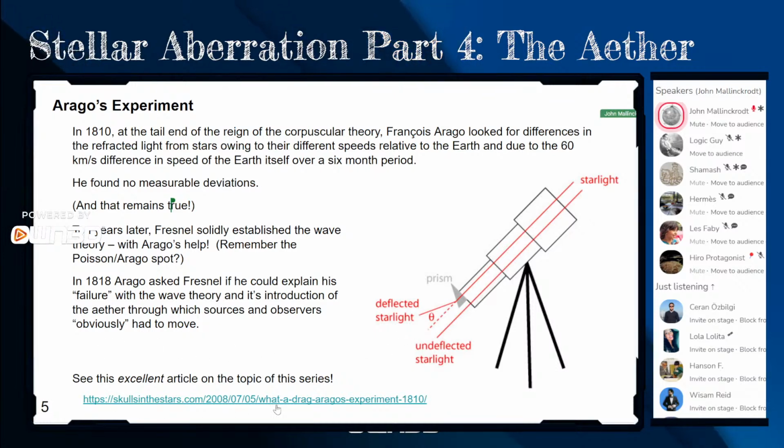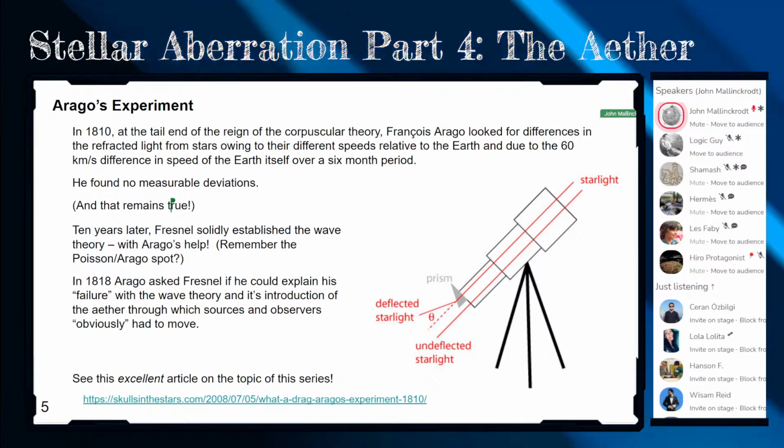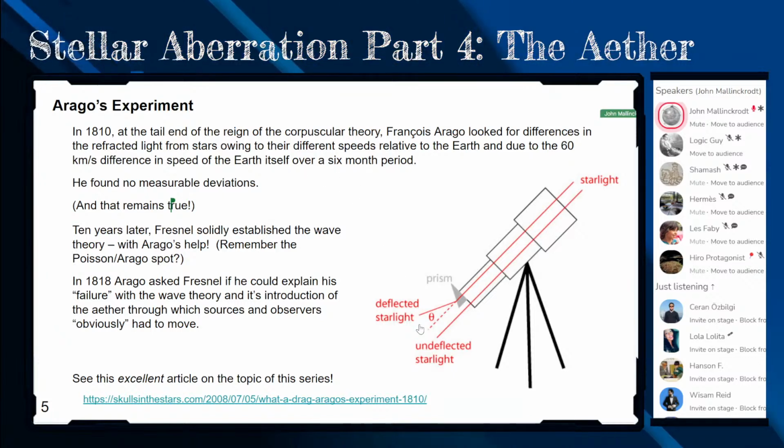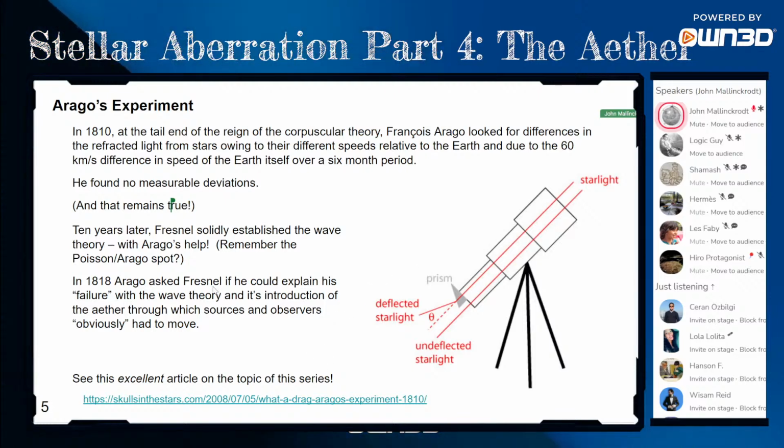Not totally, but a little bit, depending on the index of refraction of the medium. So he hypothesized that the velocity of light in the medium, in the ether frame, was different from the velocity of light that it would have been if it weren't moving through the ether, through this formula.